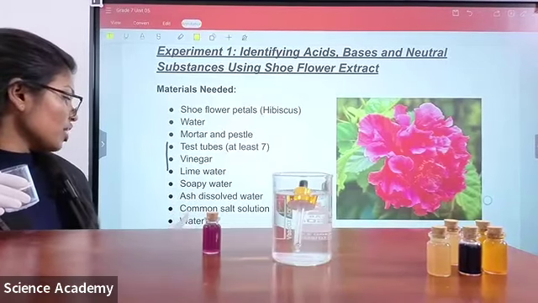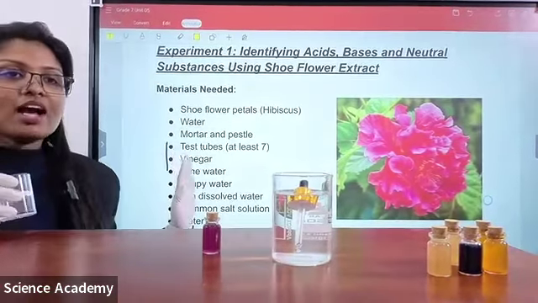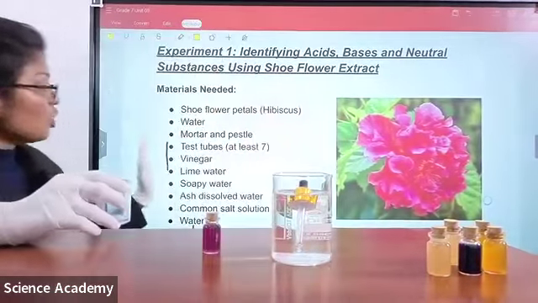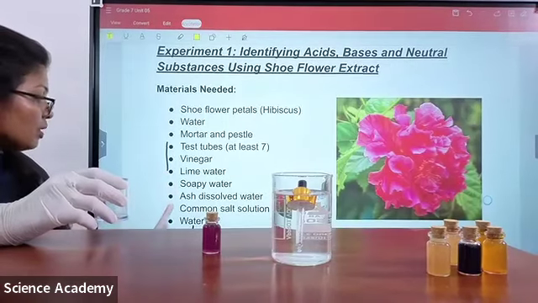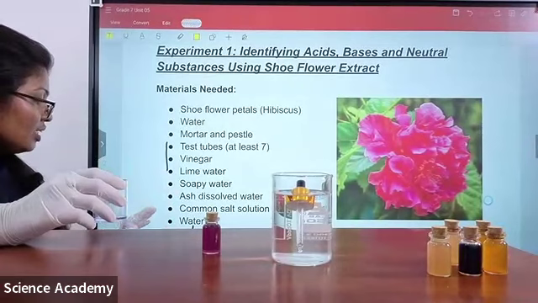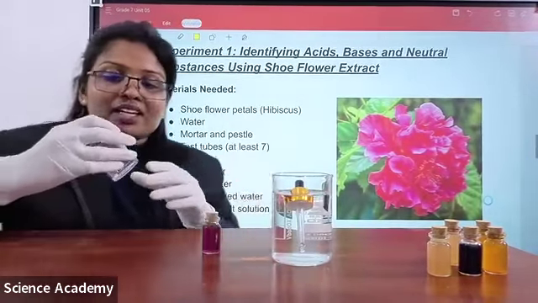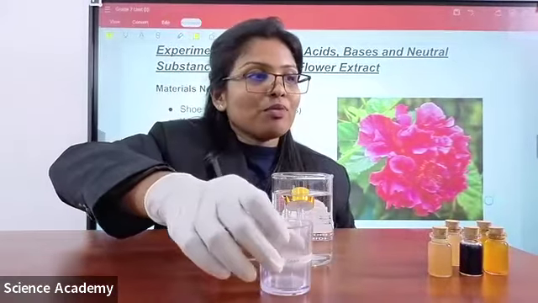Common salt solution, water and lemon juice, right? We are going to collect all these solutions: vinegar, lime water, soapy water, common salt solution, and normal water and lemon juice. Okay, children? Right.